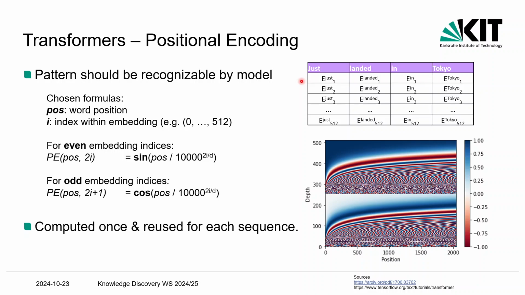For the odd ones, we use cosine. So for the first one, since we say 2i plus 1, with i being 0, you'd get 1. So for E of "just", you would use cosine, and then you use sine, cosine, and then you continue on until the end, where at 512, you then would go to even 1 again.